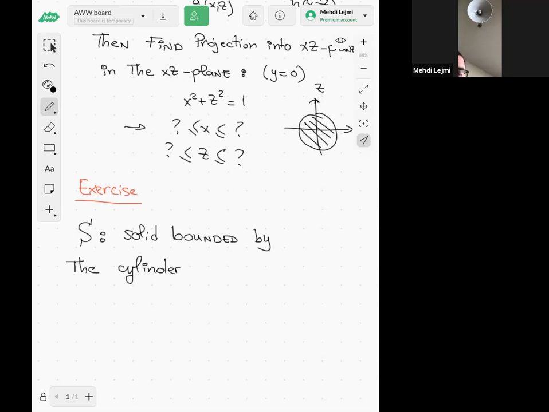So that's the cylinder y squared plus z squared equals 9. And then you have four planes. So this is from last week.